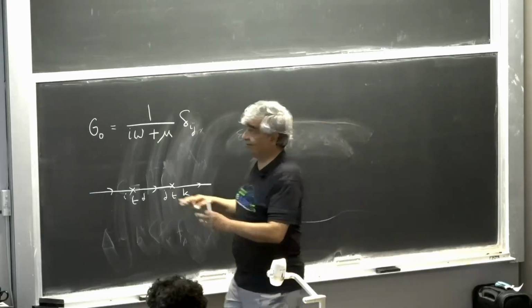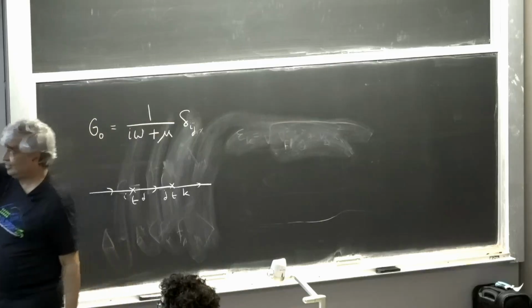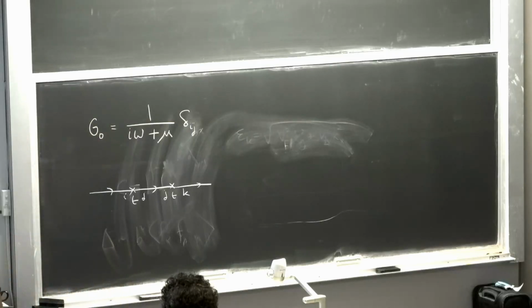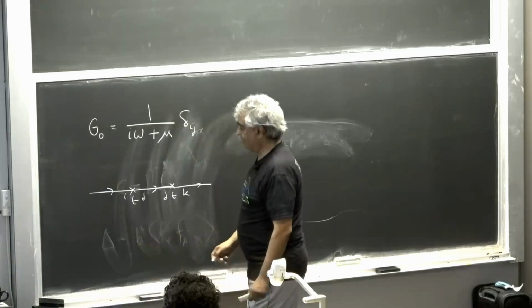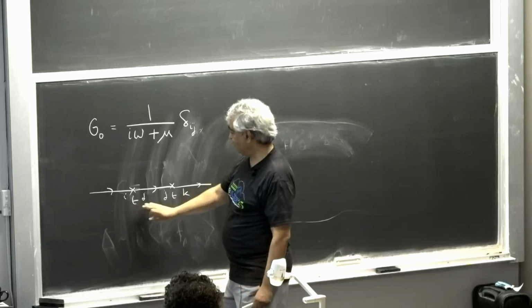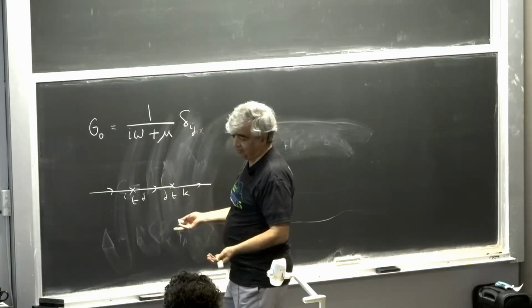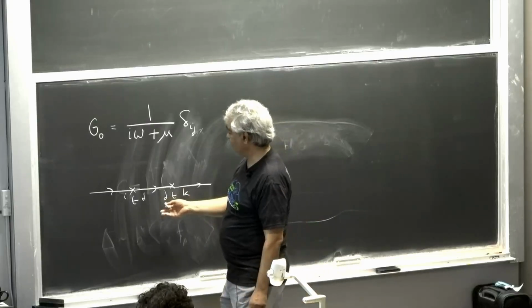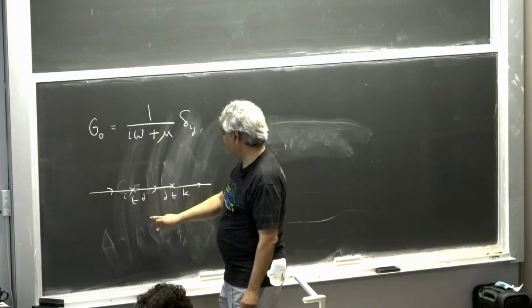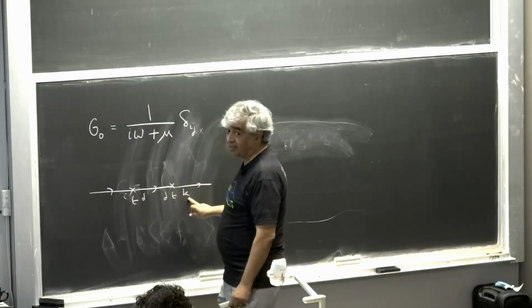And now you just average. You perform this average on every term in every Feynman graph. What you see is that if these were different sites, because they're uncorrelated, you'll get 0. So the only way you're going to get something non-zero is the same site, if basically i is equal to k.